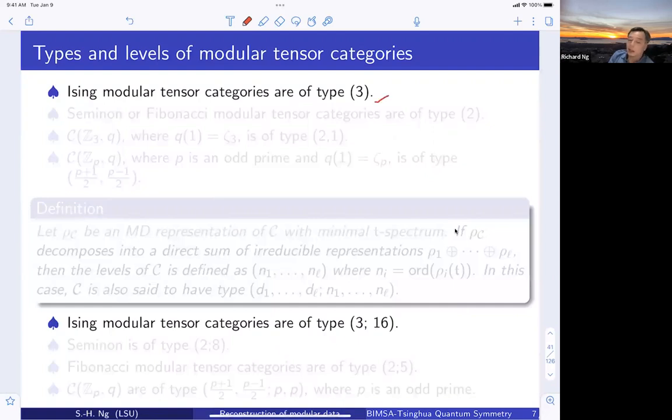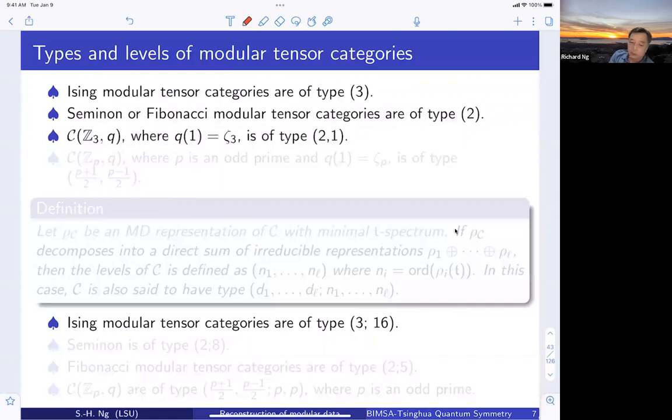Here it doesn't say only a 3-dimensional irreducible representation, but we don't know what level it is, what the finite modular group is. For example, semion and Fibonacci modular tensor categories both involve an MD representation of dimension 2, and both are irreducible. Therefore this type is pretty simple, one digit only.